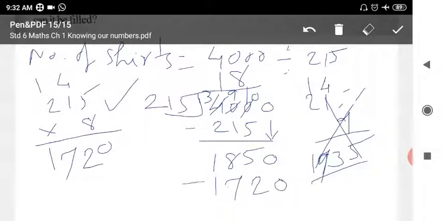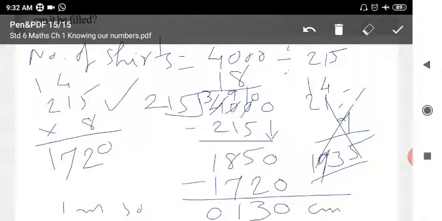Now we will subtract here. This 0 minus 0 0, 5 minus 2 3, 8 minus 7 1, 1 minus 1 0. It means 130 centimeter cloth is remaining, or you can say 130 means how much? 1 meter 30 centimeter. This much cloth is remaining.